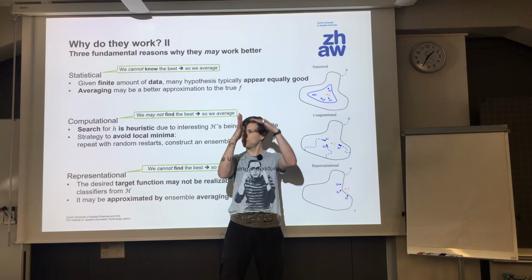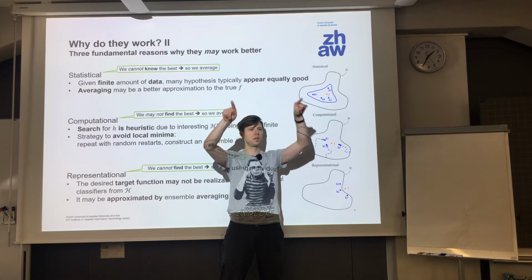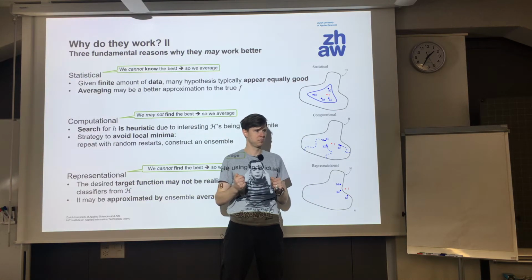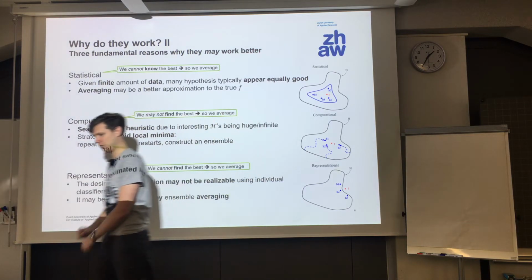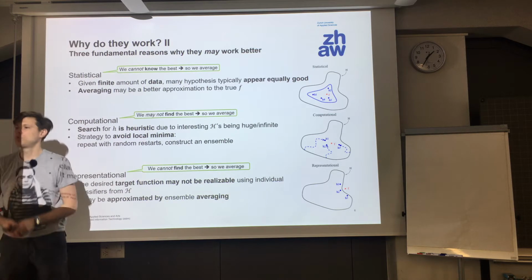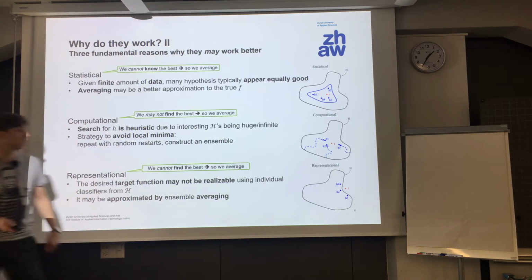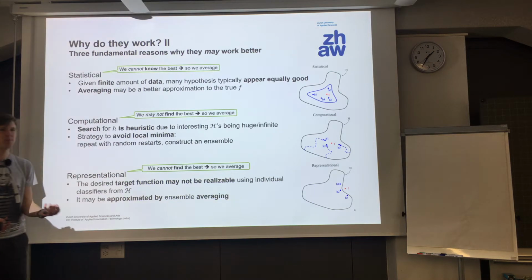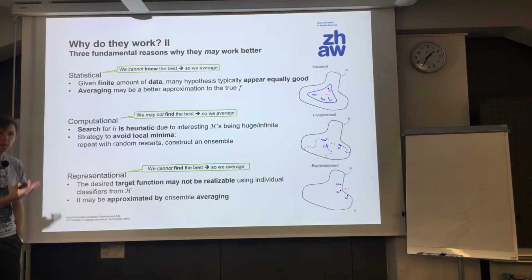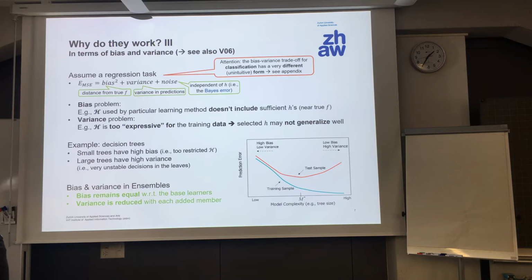Combining lots of rectangular things gives you something that can look like anything. You basically can digitize a curve or whatever. So that's really powerful. Three arguments why ensemble building enhances the capabilities of your classifier.